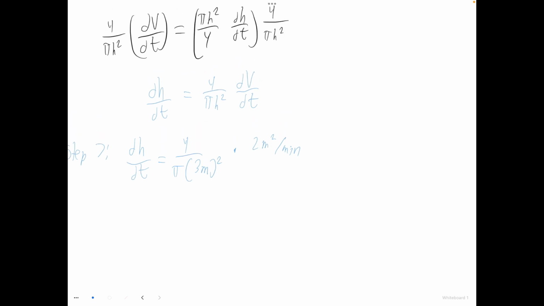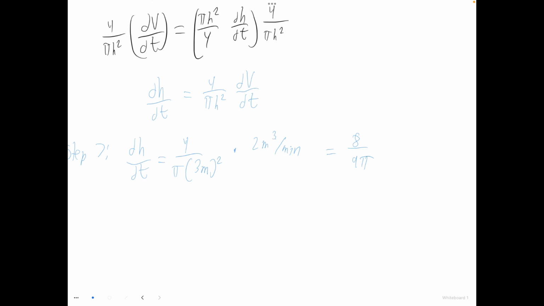Okay, and so multiplying things out, we're going to get 8 over 9 pi. I said meters squared, this is meters cubed. Volume is cubed, not squared.